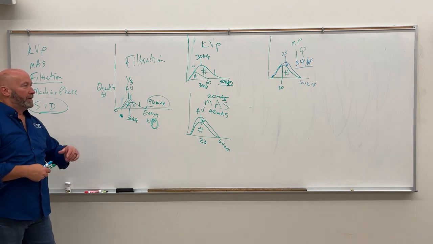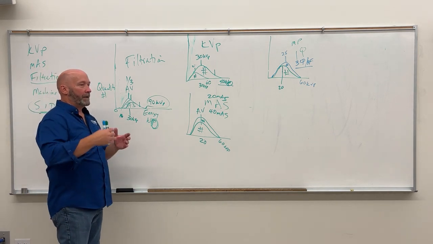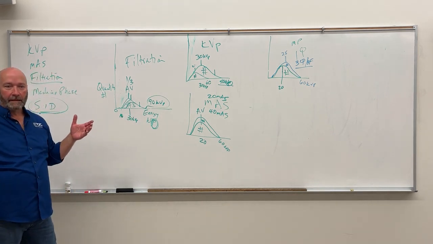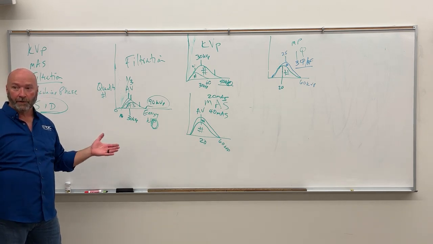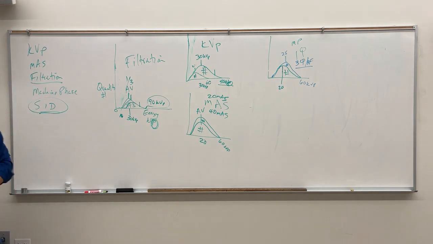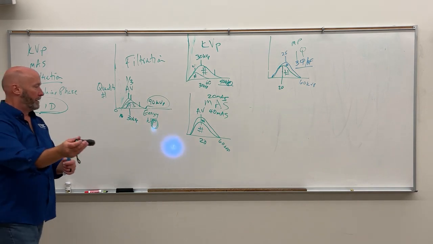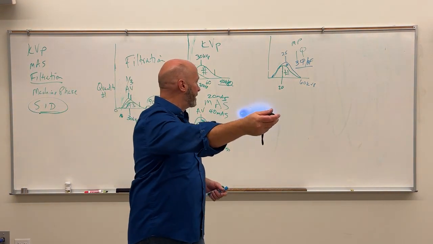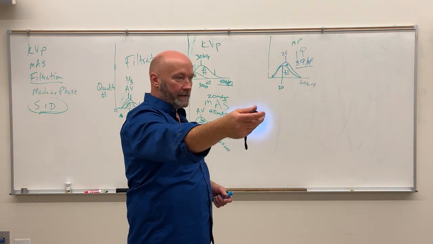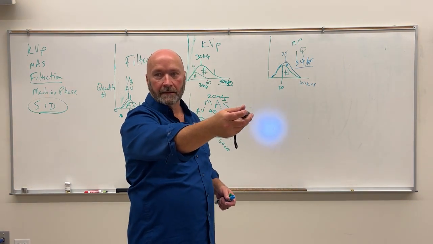So when we have an increase in SID, our beam, because of the divergence of the central ray, is going to spread out, right? We took a look at that with the flashlight. If we're real close, we get a very concentrated beam, but the further out we go, the more it spreads out. The light doesn't get less intense, right?